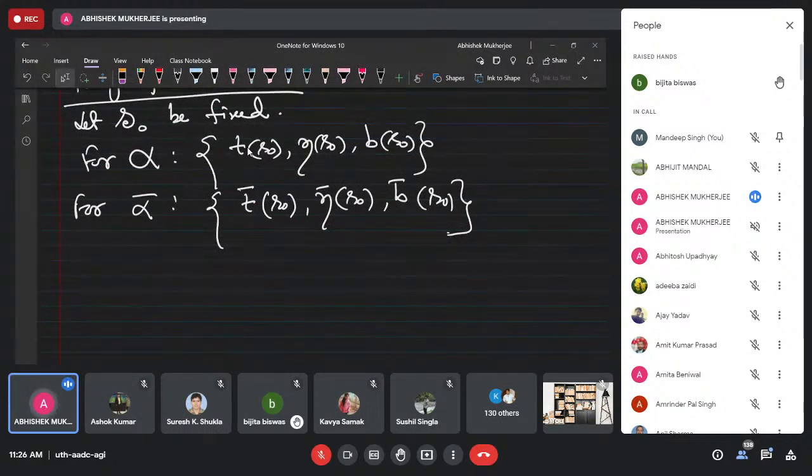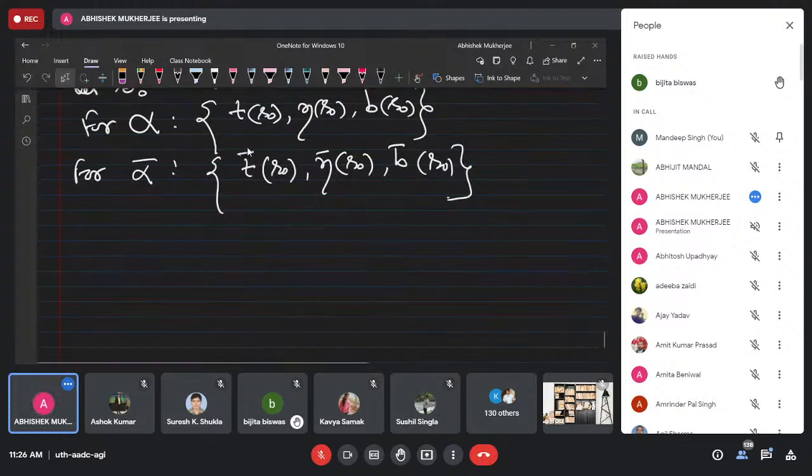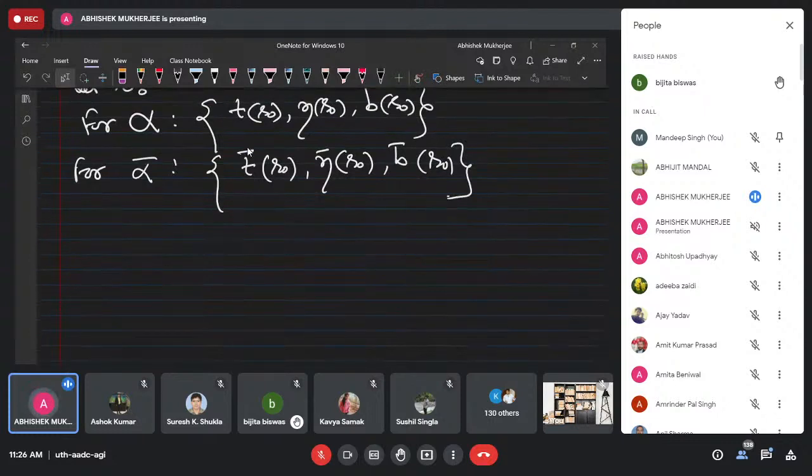And after getting these two orthonormal bases of R3, what you can do is construct a rotation. These are called rotation matrices.